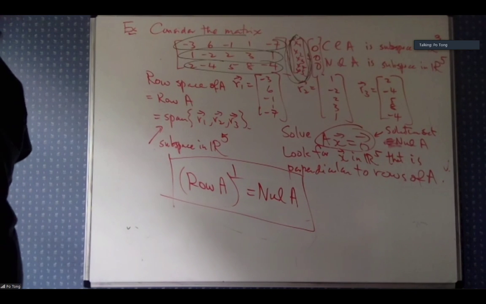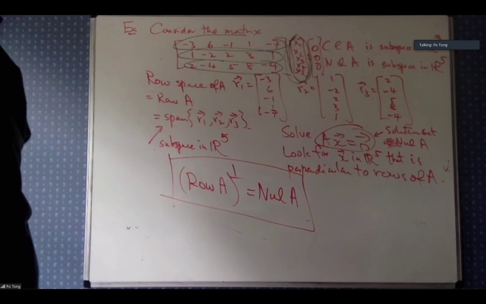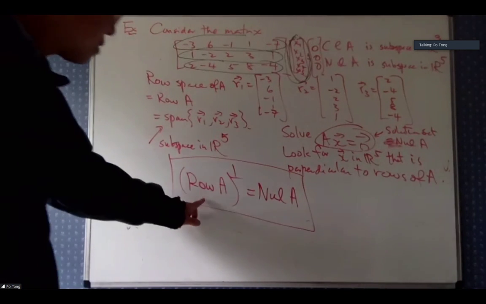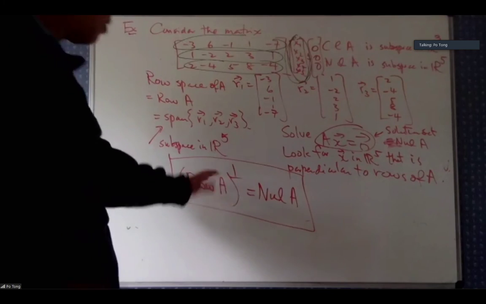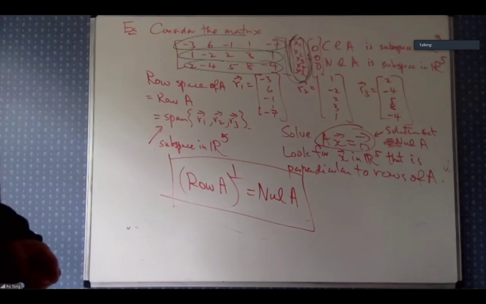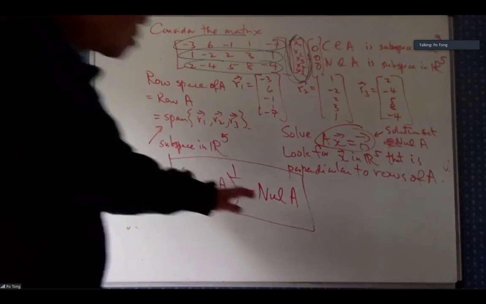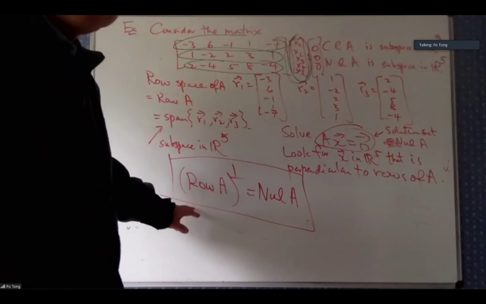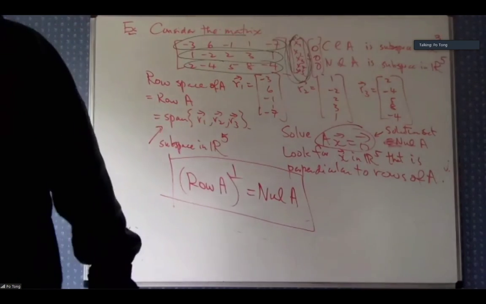Okay, so I should stop here. And next time I will probably repeat this example. Okay, but the main thing is that you have this, and then we can play around with this and get some more stuff. Okay, the null space of A is the orthogonal complement of the row space of A.